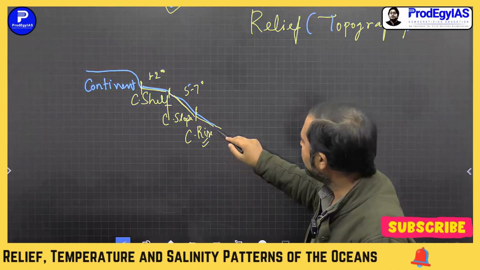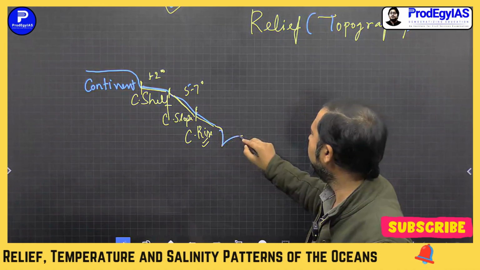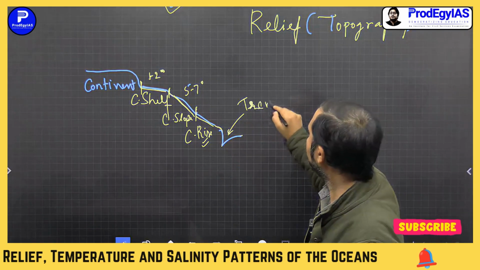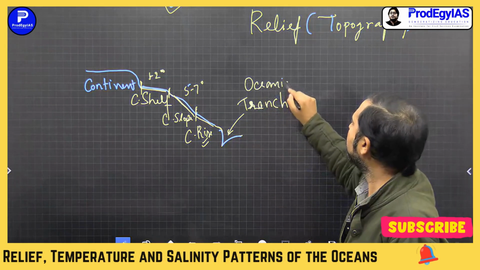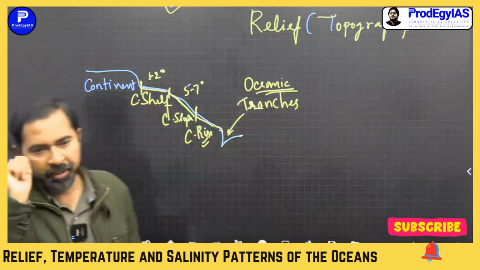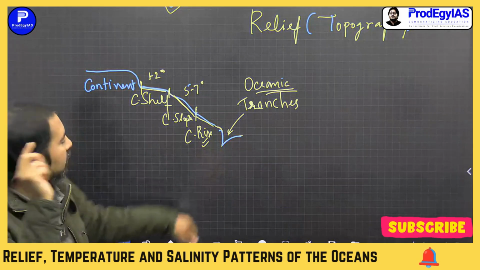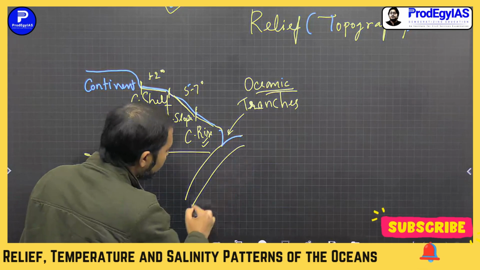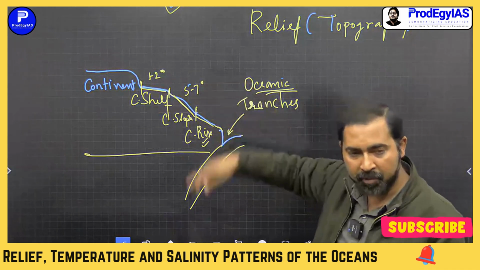So after that, you see that there are trench areas. Such types of areas are known as oceanic trenches. So here the word oceanic comes. Means the real oceanic floor starts from here only. Up to this extent, it is continental part, though it is submerged under the water.